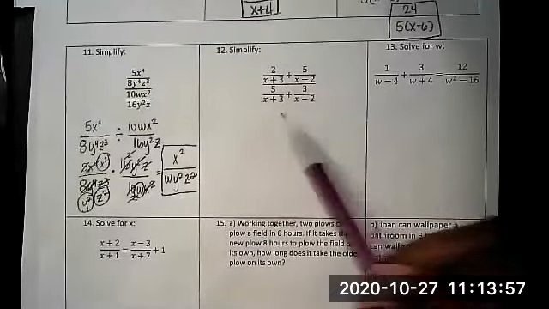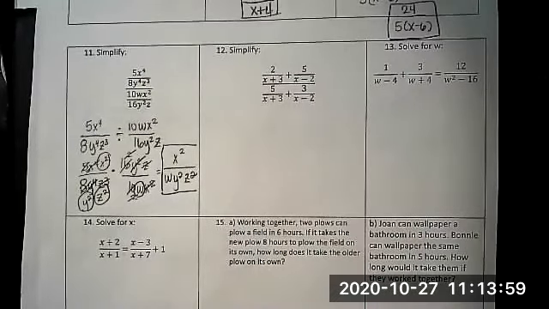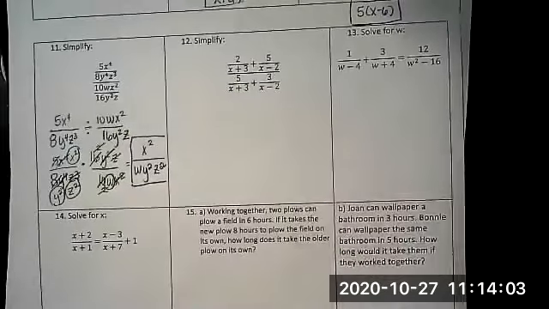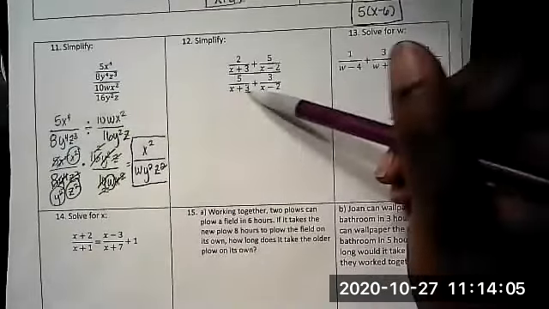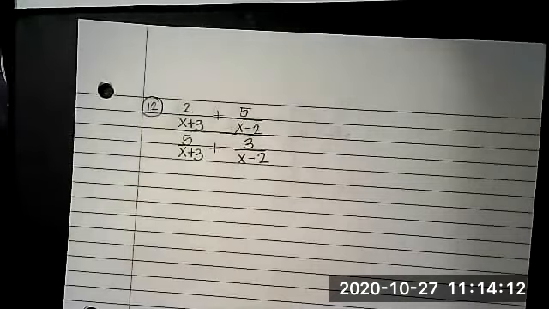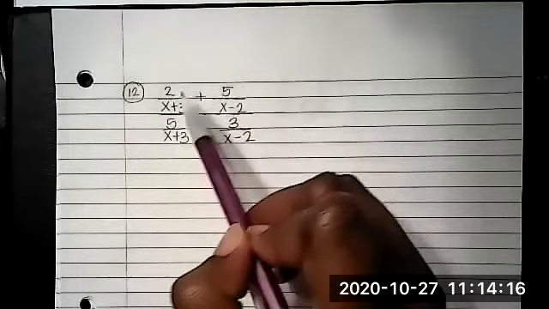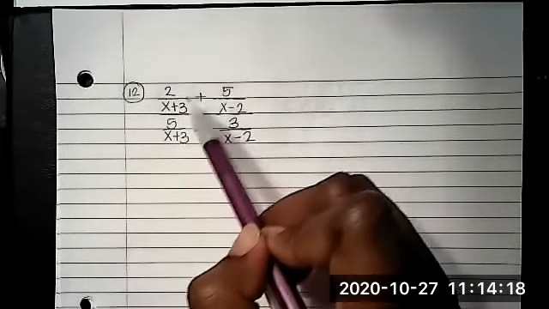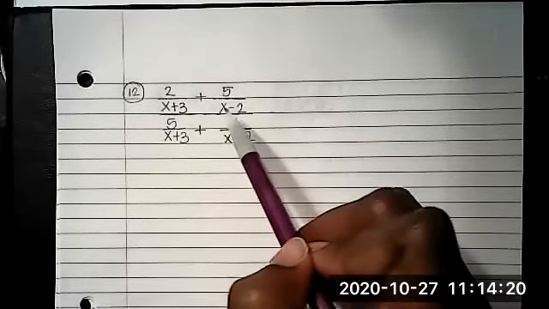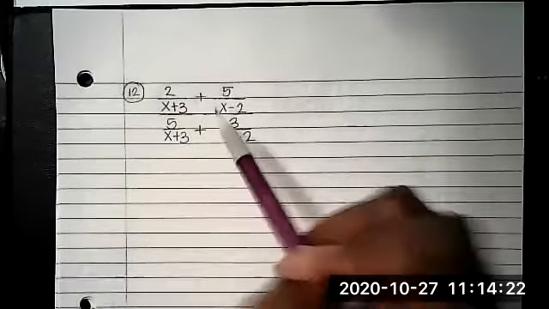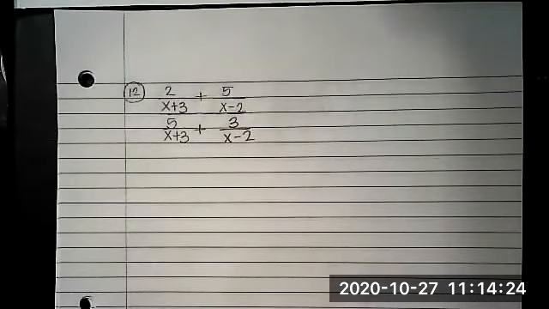So for these, this one is actually a very long problem, because you have to get going on the top part, you've got to do something, and then you've got to do something at the bottom part. First and foremost, we want to get this top part handled by combining these two. We're going to do the top first, and you can't add them without finding a common denominator. So let's do that.